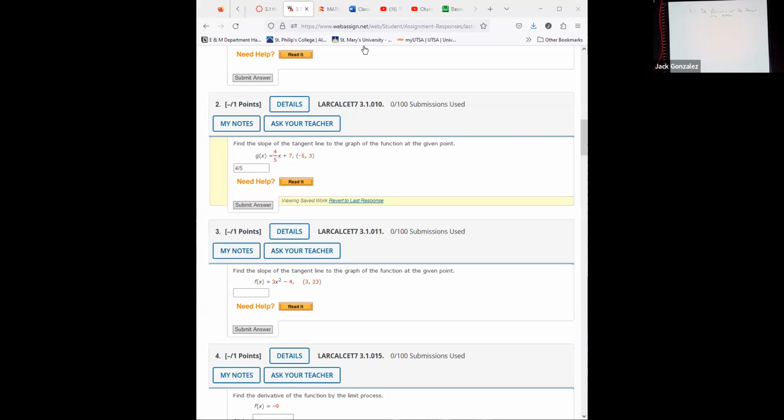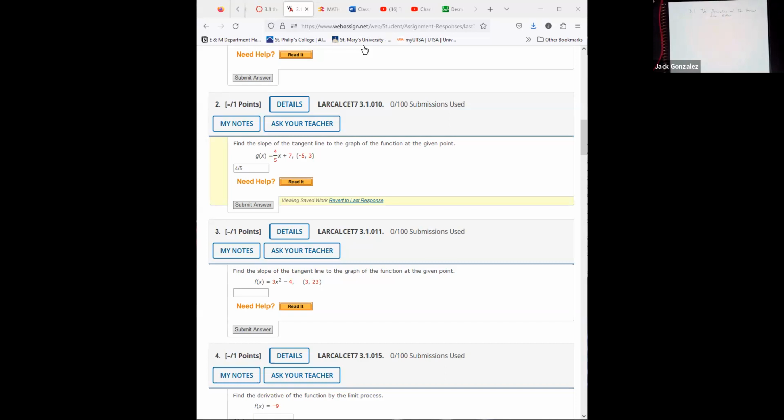Because it doesn't change. So if we are doing it in the exams, do we have to go over all the process or just put the answer and then explain why? For this one, if you can explain yourself, you don't have to. They didn't tell us to use a limit process.